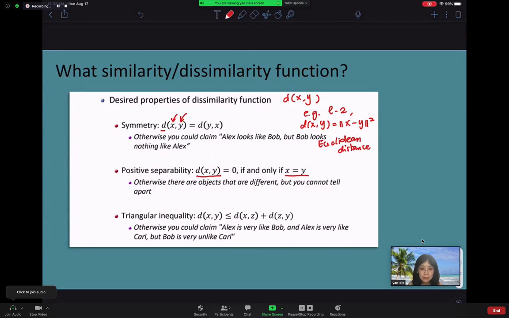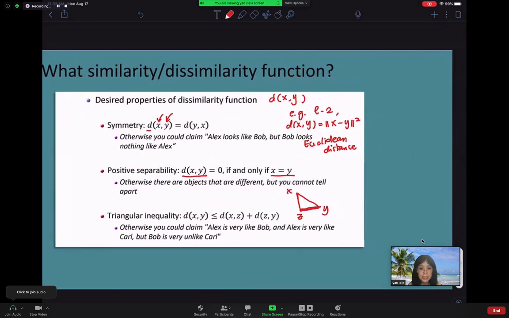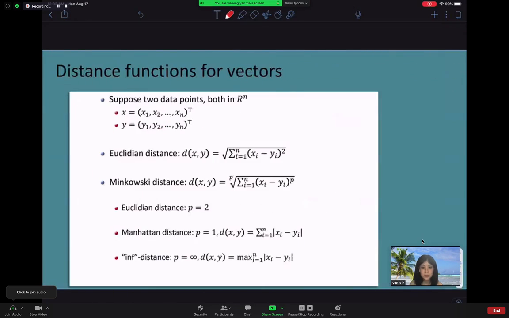If you map two different objects to zero distance, that causes ambiguity. The next one is the triangle inequality. If there's x, y and z, the distance between x and y should always be smaller than or equal to the distance from x to z plus the distance from z to y. If your D satisfies these requirements, it is a legitimate definition of a similarity function.